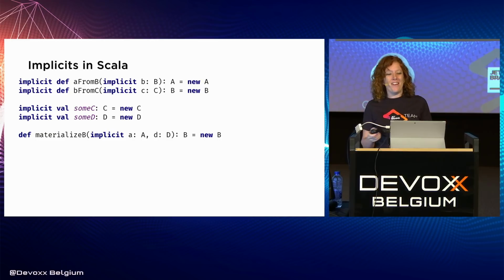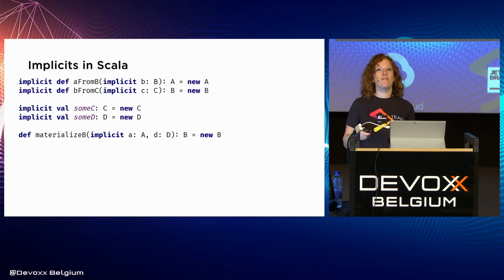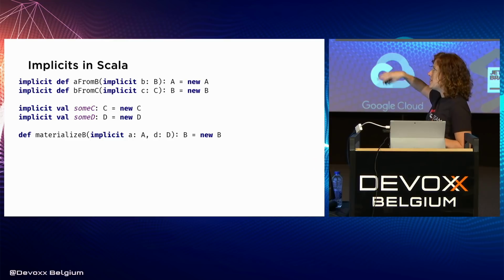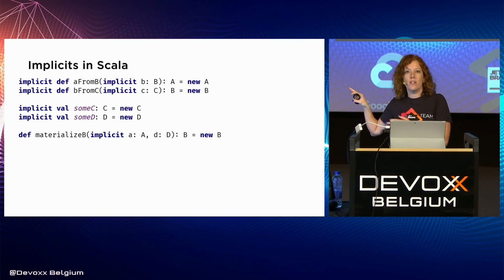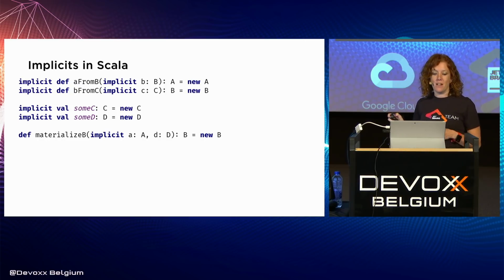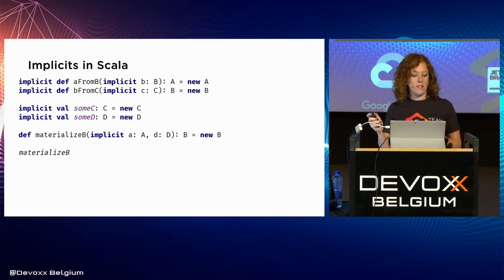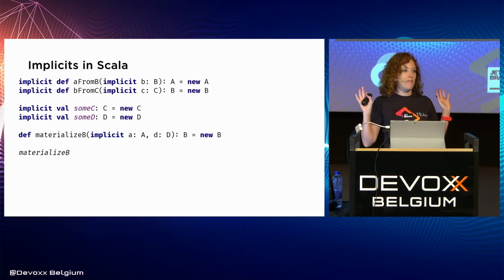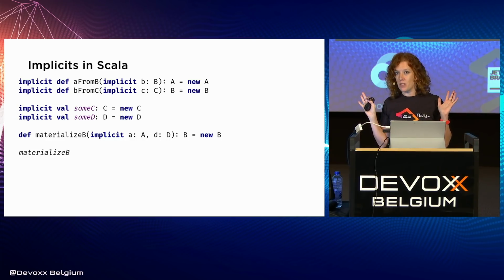So as far as I can figure out, implicits in Scala are a magical way of getting rid of boilerplate. It removes a bunch of stuff that you shouldn't need to type. So for example, let's say I've got a bunch of implicit declarations here. Obviously, this is a toy example because it has to fit on a slide. If I want to call the method materialize B, it will call it with these magic implicit values.